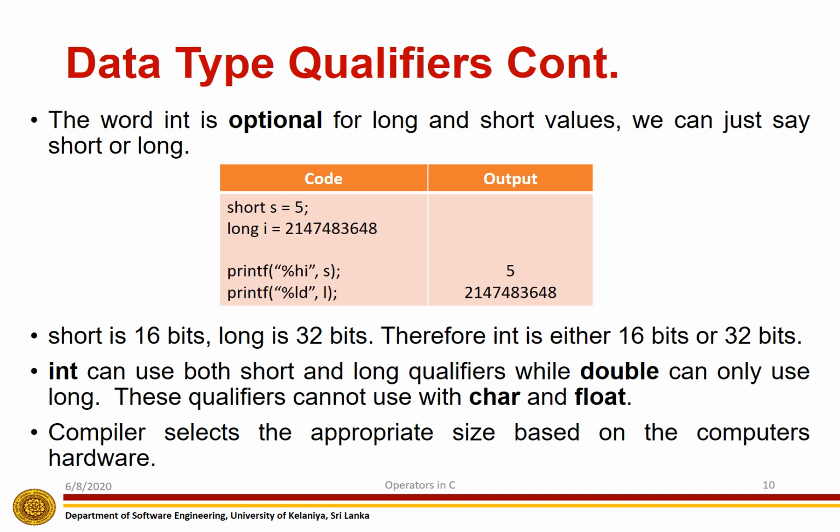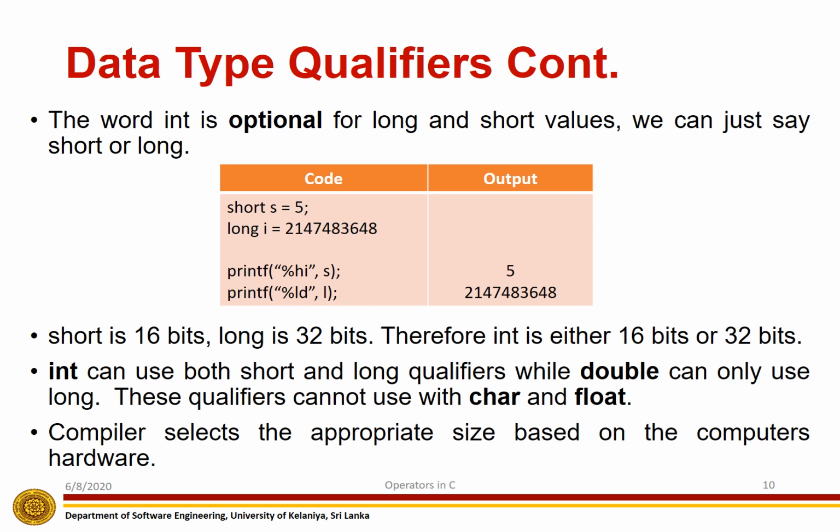When the short qualifier is used, the range of a type is reduced, and on the other hand, use of the long qualifier increases the range of the type. Int type can use both qualifiers. Double can only use long, and long and short cannot be used with char and float data types. Considering integers, short is 16 bits and long is 32 bits.